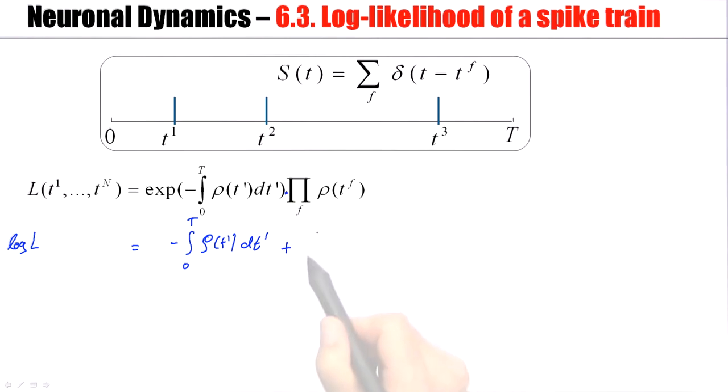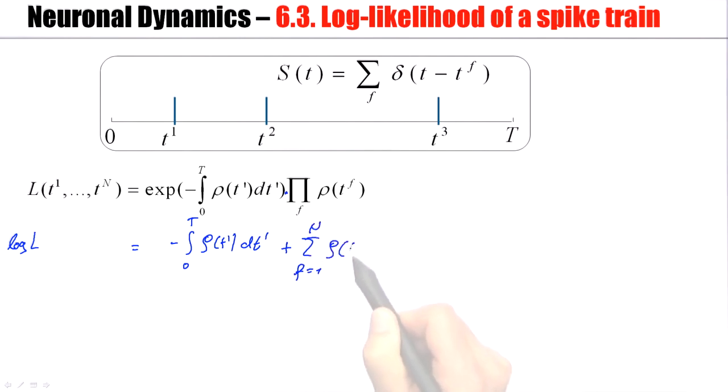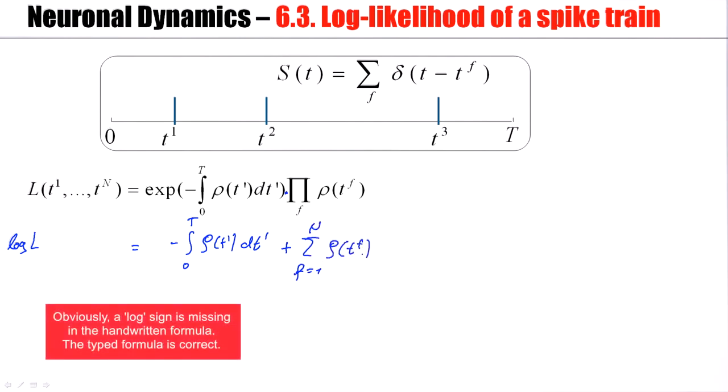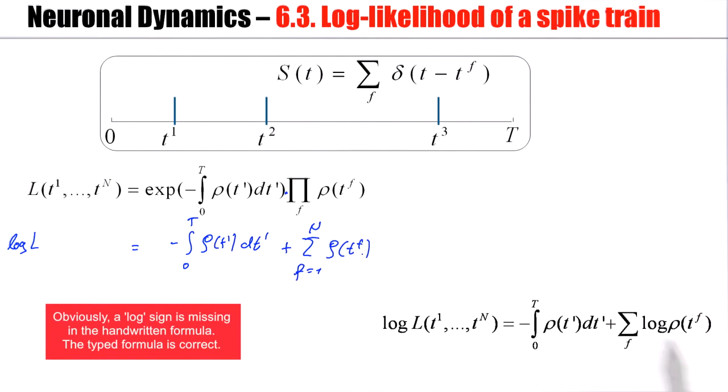In fact, I have many products that turn into a sum over all spikes of rho of t_f. Thus, the likelihood can be rewritten as a log likelihood, and the two formulations are completely equivalent. I can also go back from the log likelihood to the likelihood. The reason for considering the log likelihood is simple. It looks nicer if you have sums compared to products.